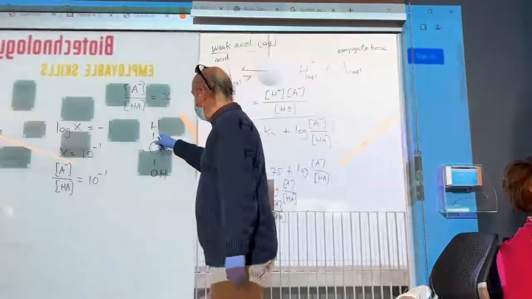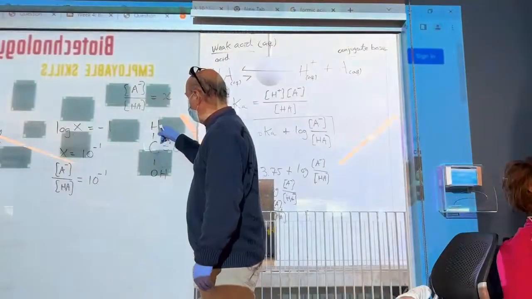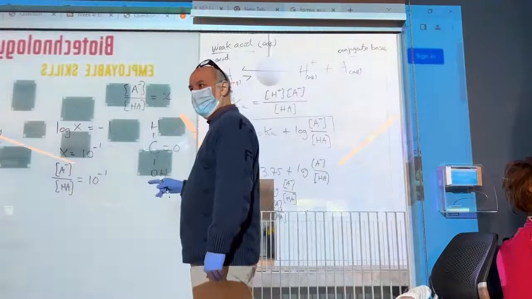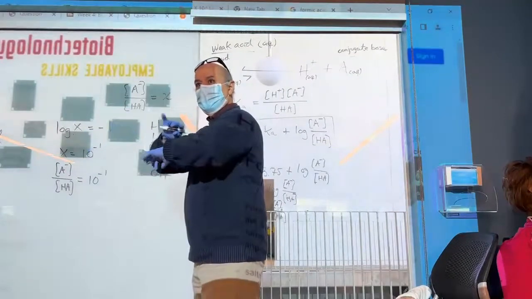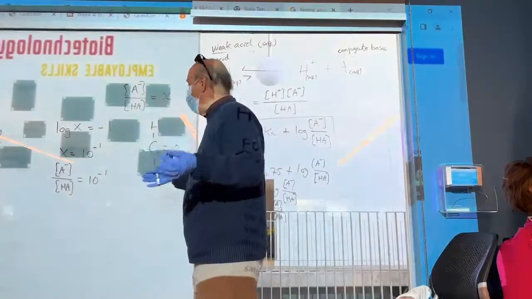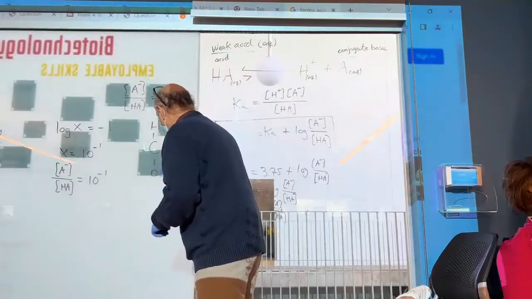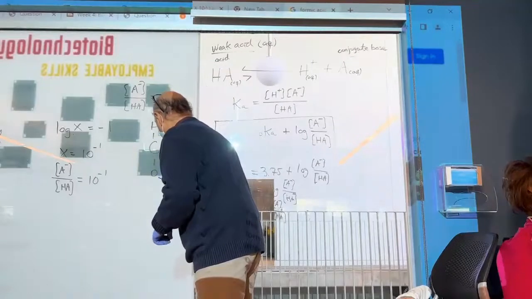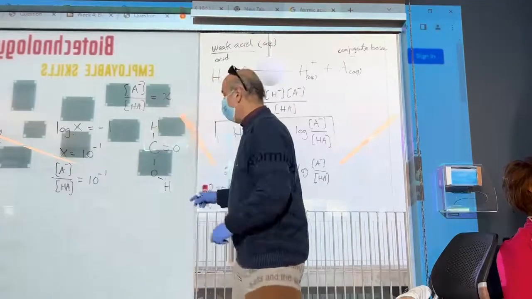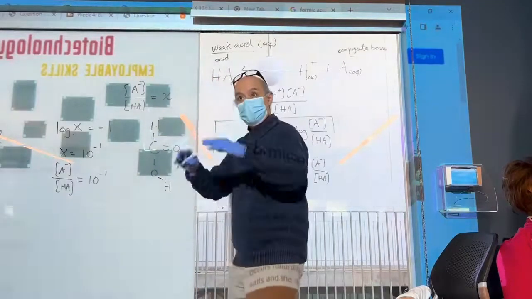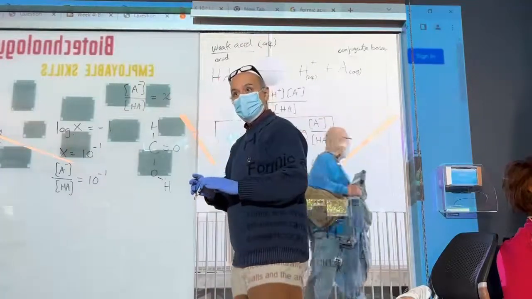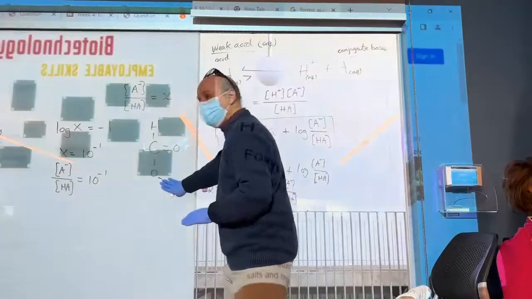We said that any bond between carbon and hydrogen is considered nonpolar, and that hydrogen, because it has no polarity, cannot be removed. It's covalently very strongly bound. However, this guy has polarity.